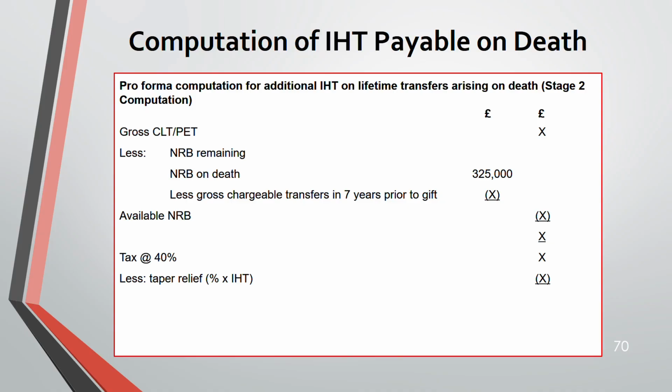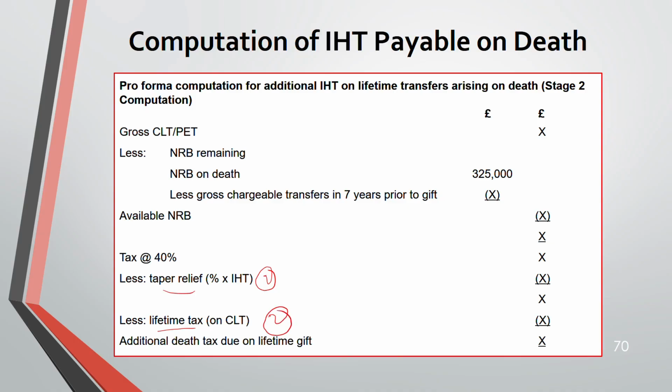Remember, taper relief only you will deduct after you calculate tax at 40%. It is the percentage of IHT 20, 40, 60, 80 depending on the years you are surviving, and then deduct lifetime tax. First you deduct this and second, the lifetime tax on CLT. Then additional death tax due on lifetime gift. Remember this pro forma, it is going to help you a lot.